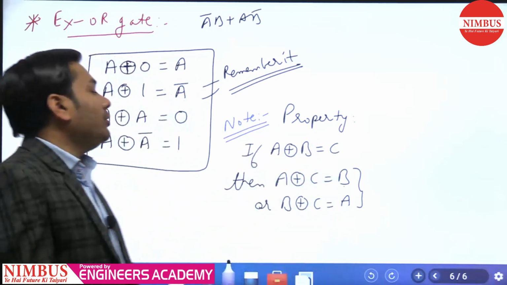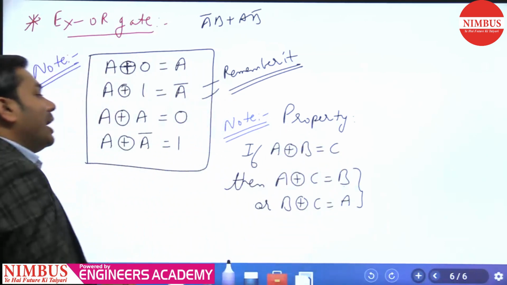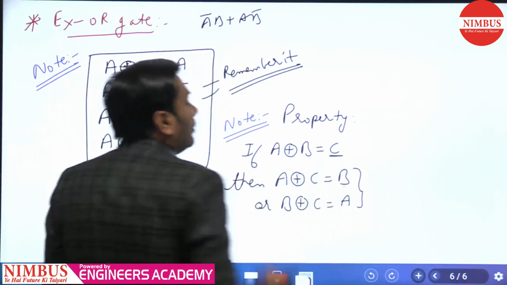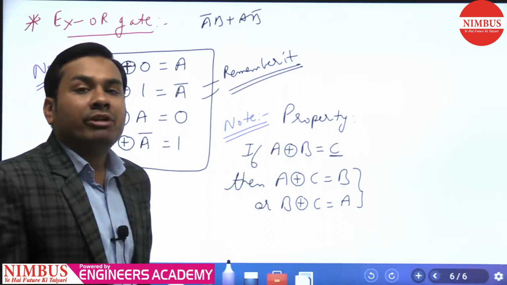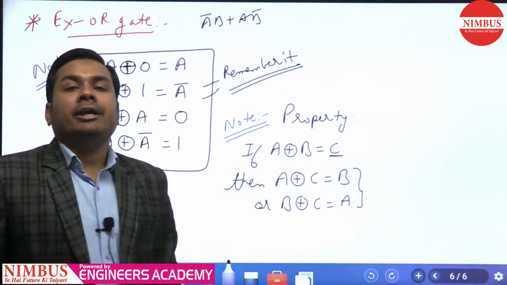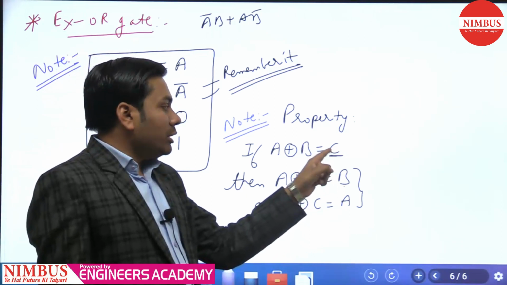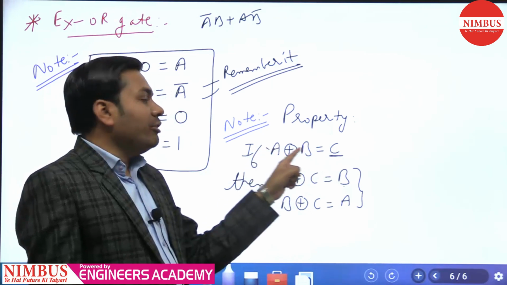So according to this note, if we perform an XOR operation of this output with any of these inputs, then the output will be the remaining input. If we perform XOR of C with A, then the remaining output will be B.